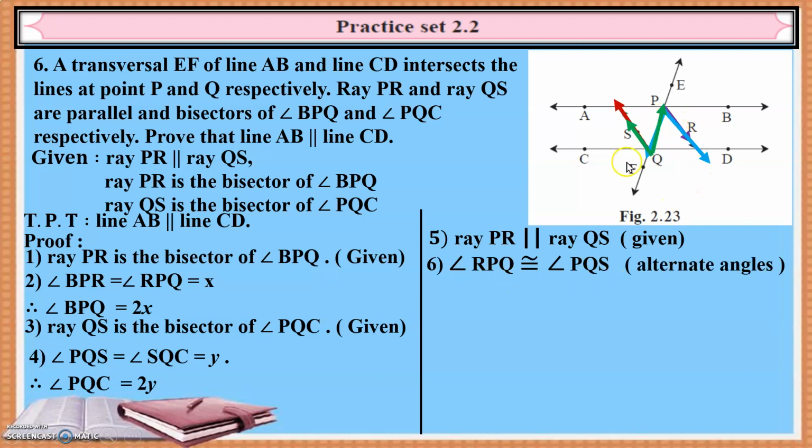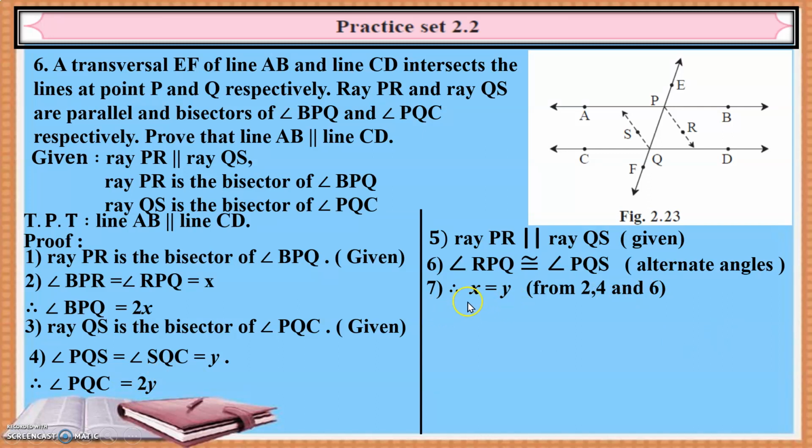RPQ is the blue angle and PQS is the green angle. They are equal. Why they are equal? Because they are alternate angles. Now RPQ is congruent to angle PQS. That means I can say that X is equal to Y. See, RPQ is X here in step number 2 and PQS is Y in step number 4. So from 2, 4 and 6 I have X is equal to Y.